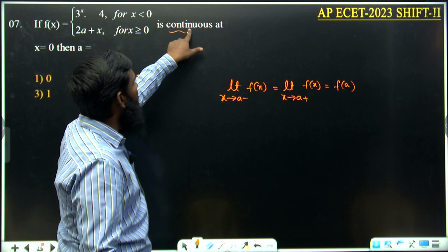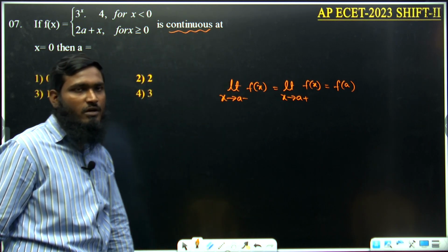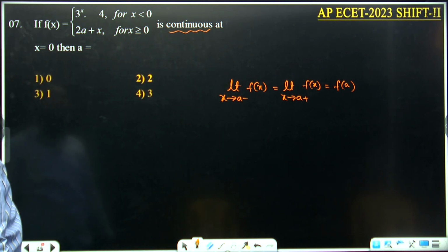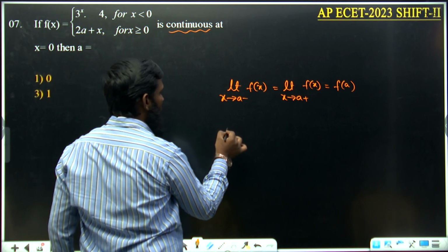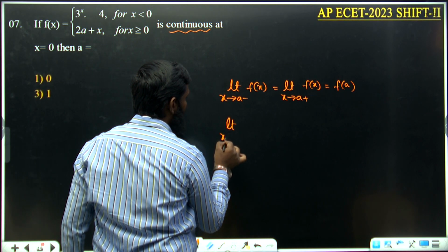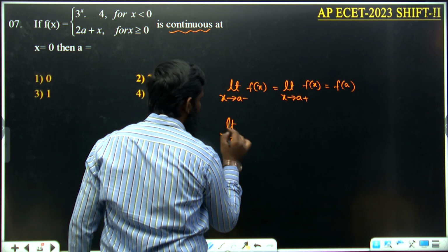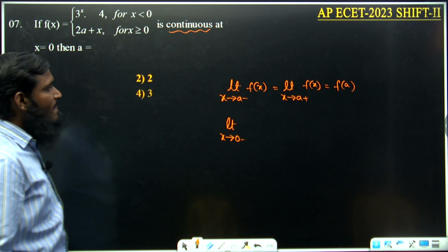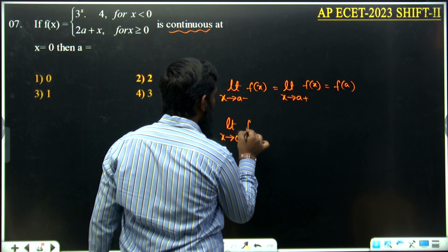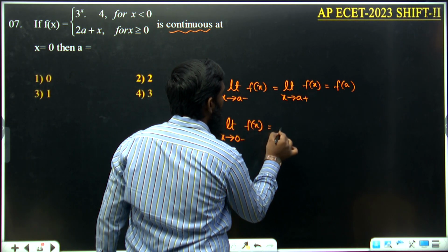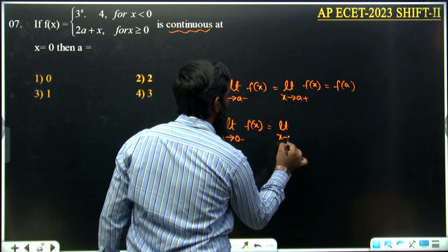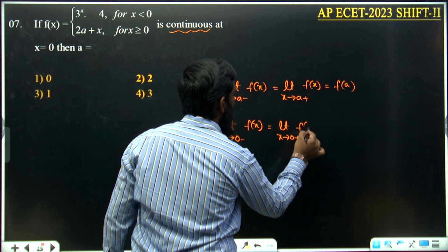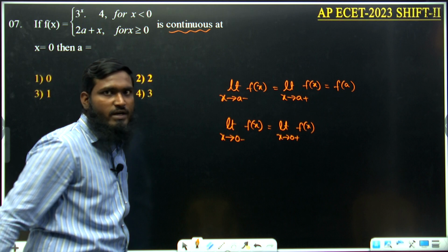Whenever it is given as continuous, this holds. Now let us take this part: limit x tends to 0 minus f of x is equal to limit x tends to 0 plus f of x. First we take these two conditions.